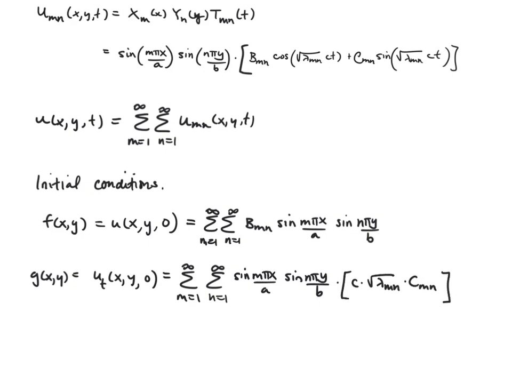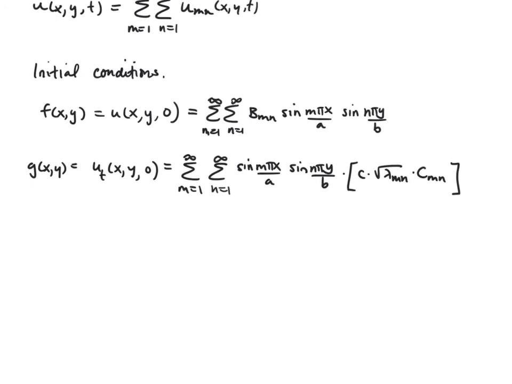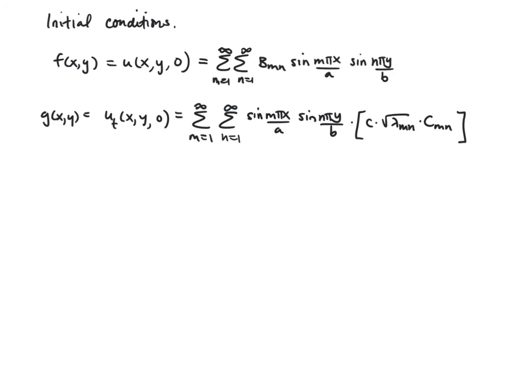So I get this expression. Now, this is basically the setup we've seen previously for our double Fourier sine series expression for a function f, or in this case g. The only difference here is that I have an extra little constant term here. That just gets divided through, no big problem at all.